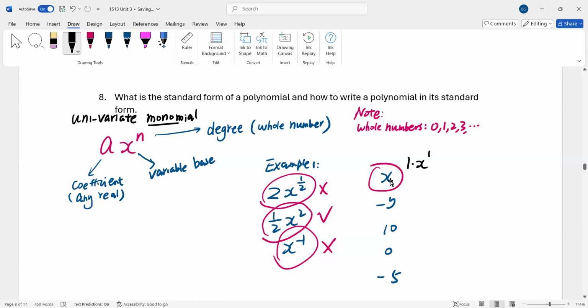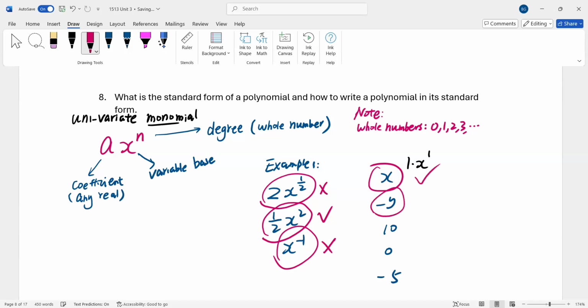If I write x as 1 times x to the power 1, then it is in this form, right? Coefficient is 1. Variable base is x. Exponent is 1. 1 is a whole number. So this is a monomial with degree 1. You see it? Okay. So it is a monomial, all right? It's a monomial with degree 1.